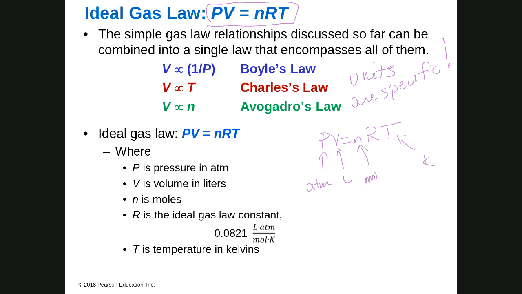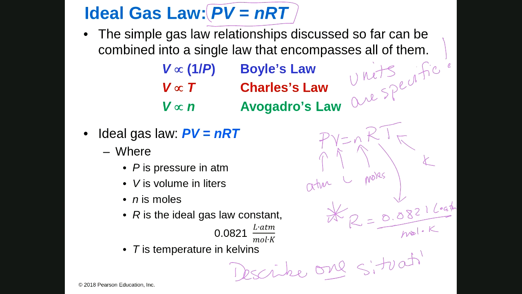And the reason is because R is a constant, and the constant is 0.0821 liter times atmosphere over mole times Kelvin. So since your constant has those units, then what you put in your formula also has to be in those units. So in these problems, it's just going to describe a situation.